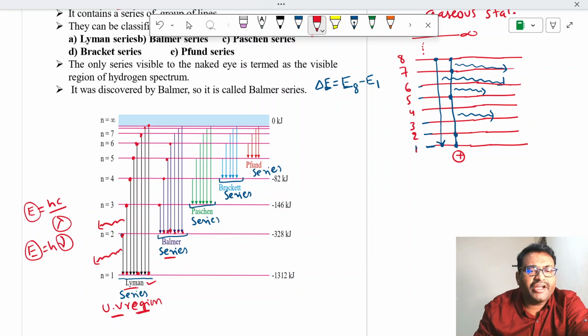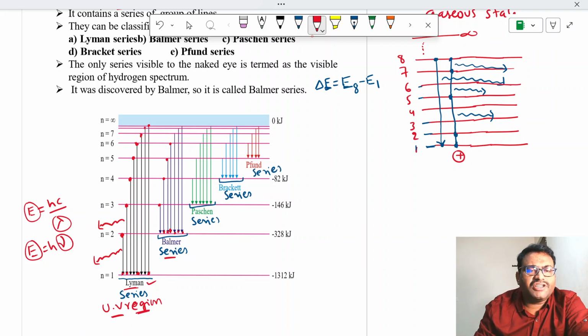No. It will finally move to the first energy level. Second to first energy level we have already seen in the Lyman series. The electron de-excitation from the second energy level to the first energy level is already studied in the Lyman series. We are speaking about the electron de-exciting from a higher energy level directly to the second energy level. That is called what? The Balmer series.